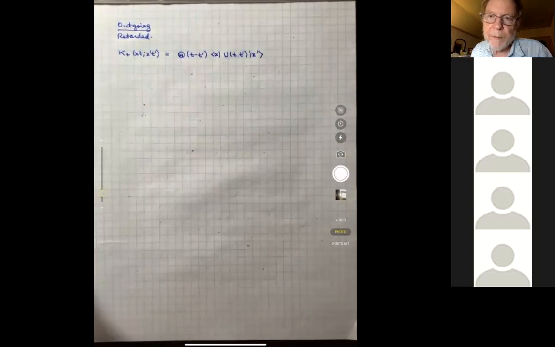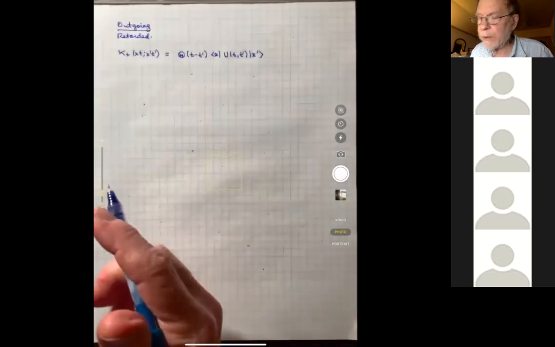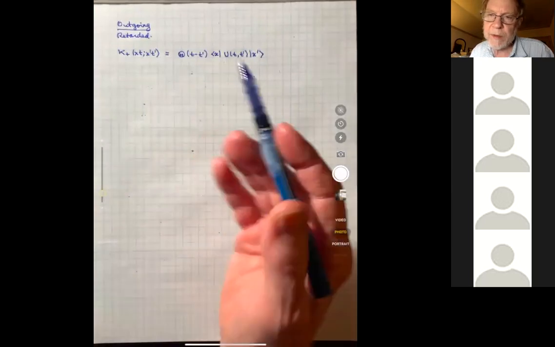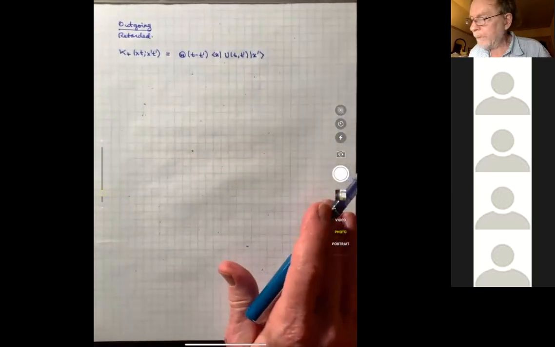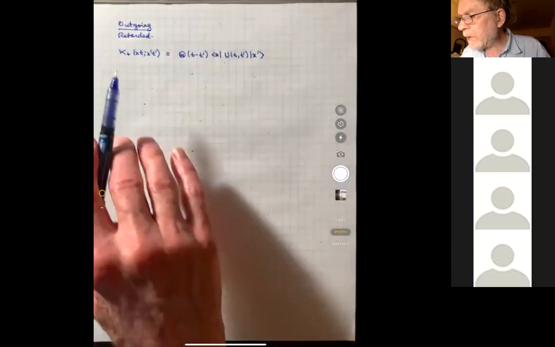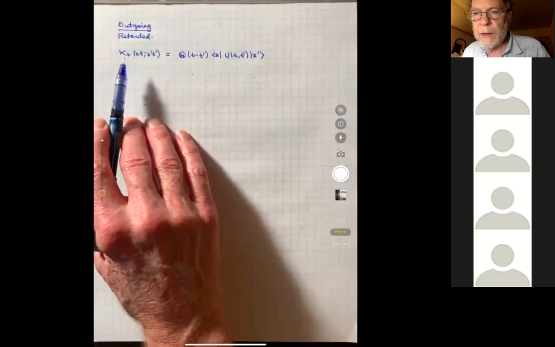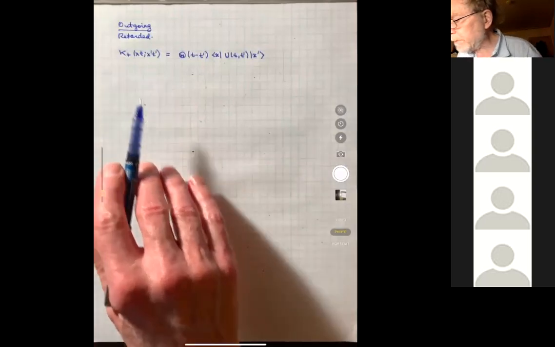I'm not really going to use time dependent Hamiltonians, but the formalism allows for it. So to be general, we'll allow it here as well. In some ways, it's simpler to write things out that way. All right, so I claim this is a Green's function for the time dependent Schrodinger equation.